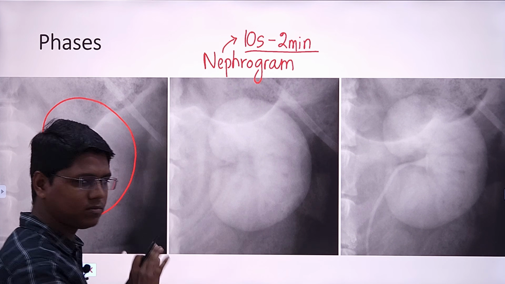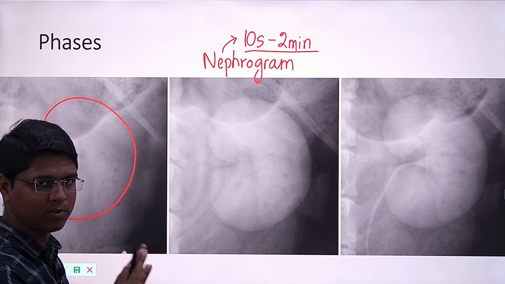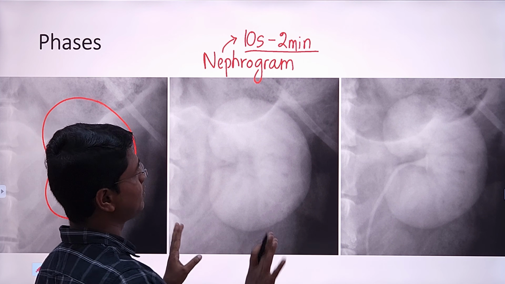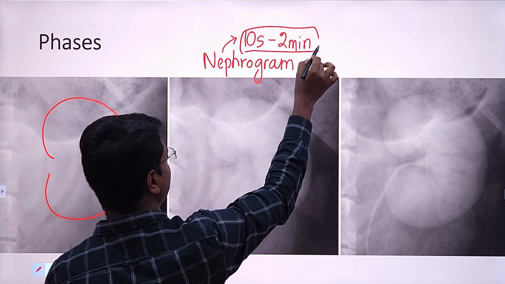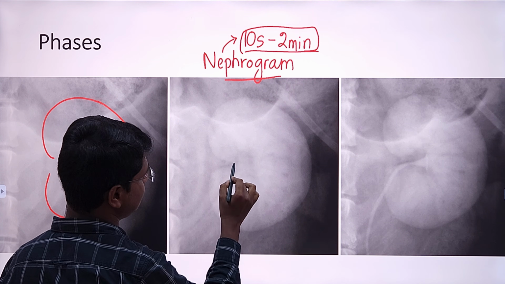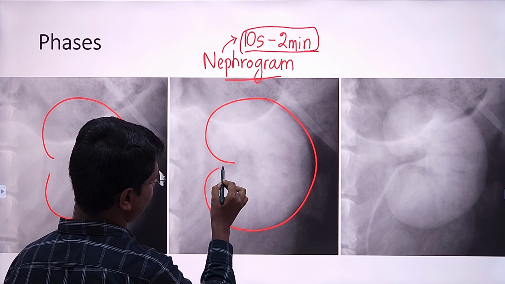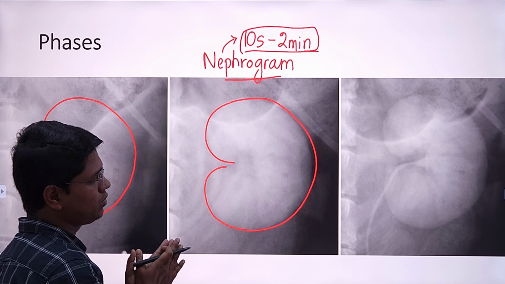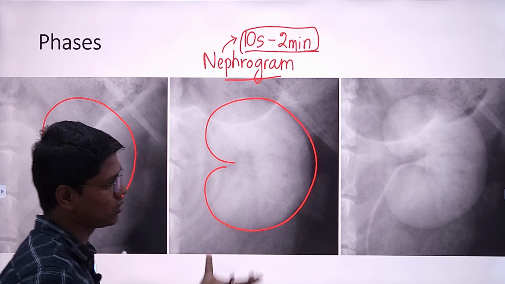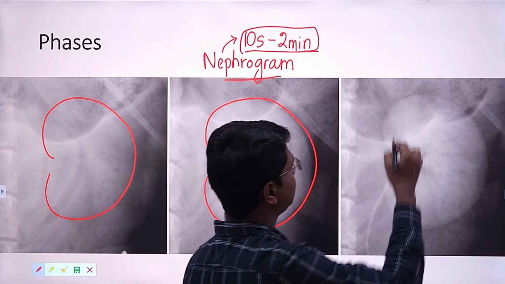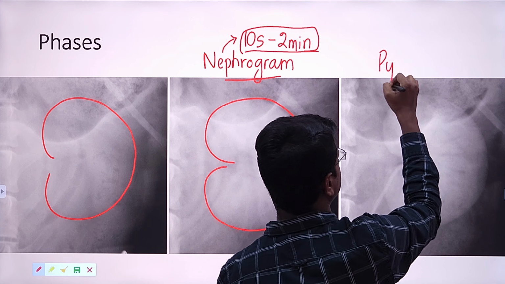It may vary from patient to patient, from dog to dog, from cat to cat, but the average is 10 seconds to 2 minutes. This is the nephrogram phase. See the nephrogram phase. The entire parenchyma has been opacified and you can visualize the kidney structure very well. The next phase is the pyelogram phase.